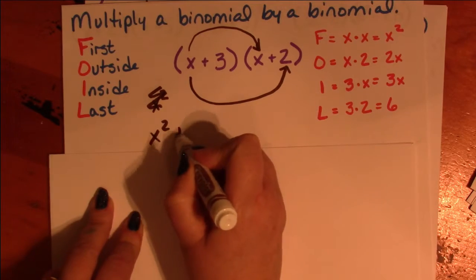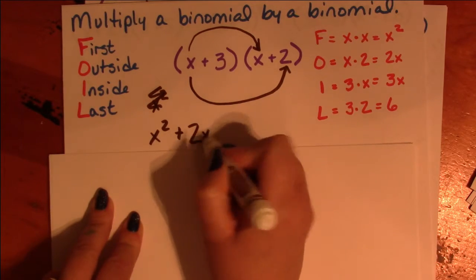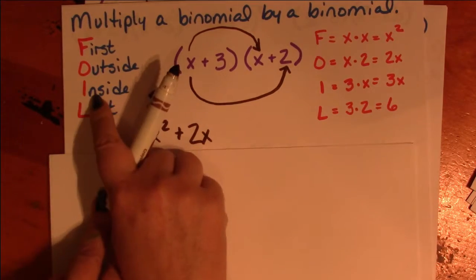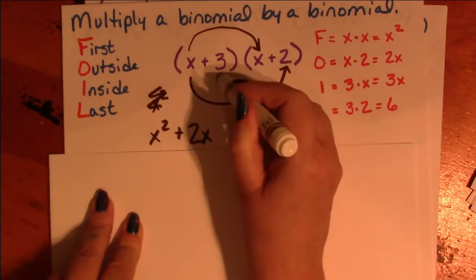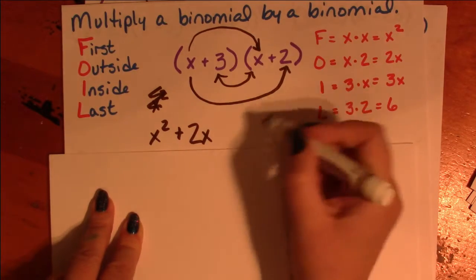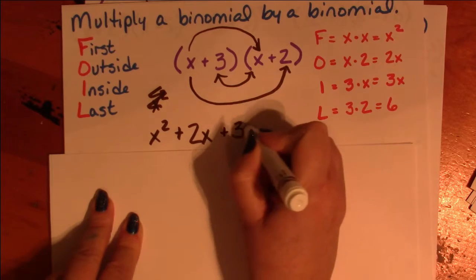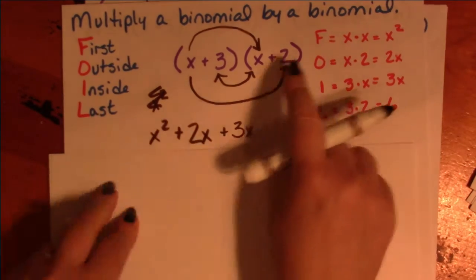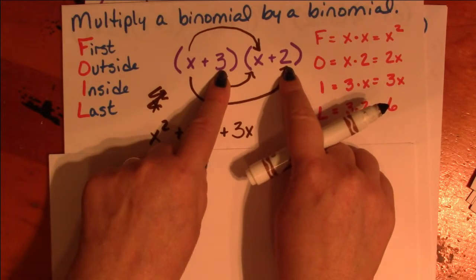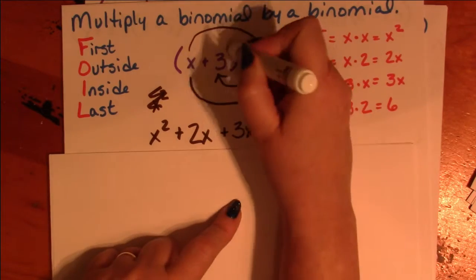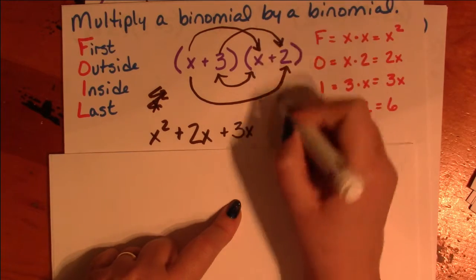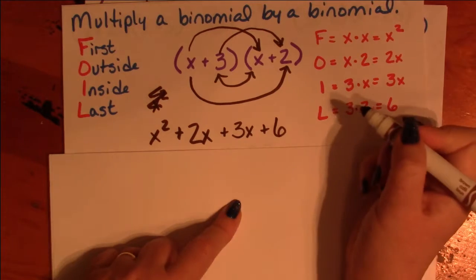X squared plus 2x. Then we're going to do the inside, which are these 2, which is 3x, and then we're going to do the last ones in each of the parentheses. So we're going to do 3 times 2, which is 6.